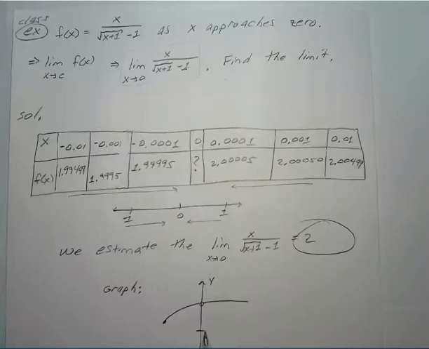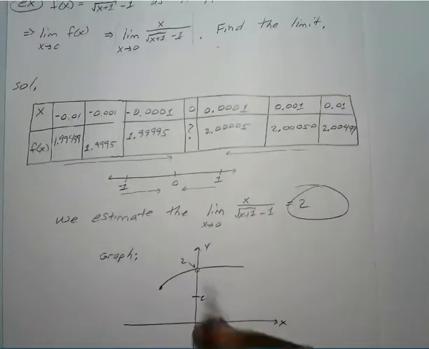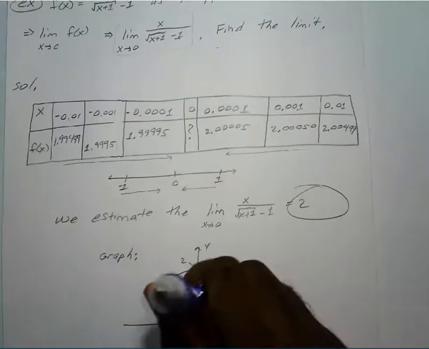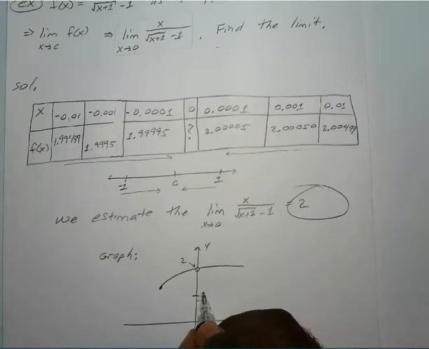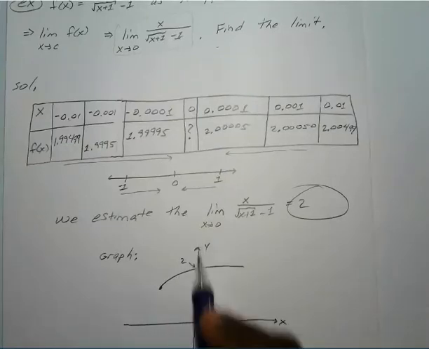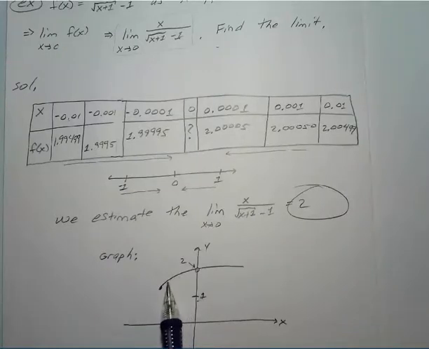So let's say this is 1, and this value here is our 2. Let me clean up that 1 a little bit. Okay, so you can see as this value is getting closer and closer to 0, because remember your y-axis is just x equals 0. As it's getting closer to 0 from the left, it hits 2. And as it's getting closer to 0 from the right, it hits 2.